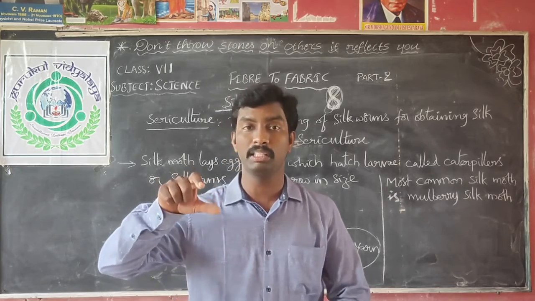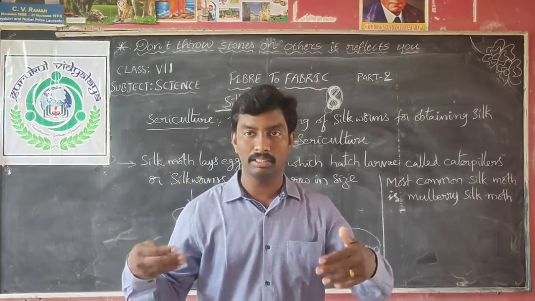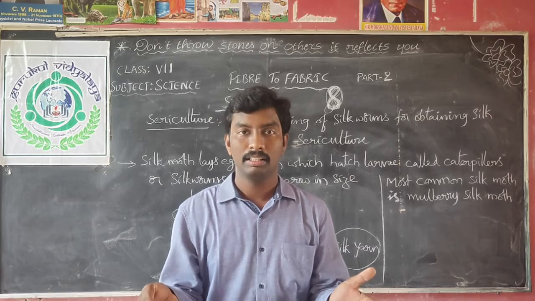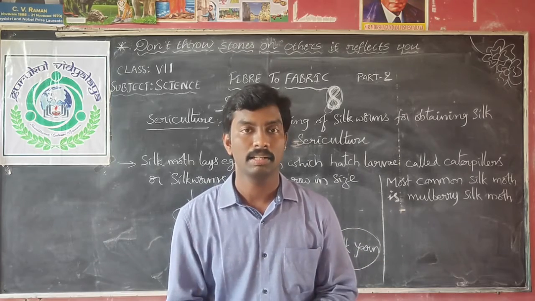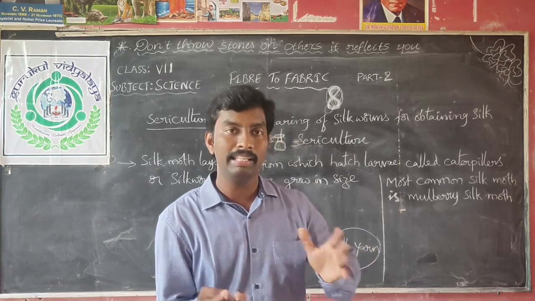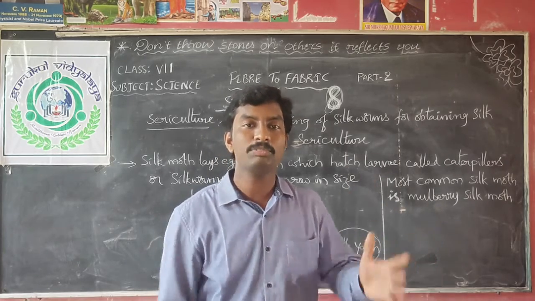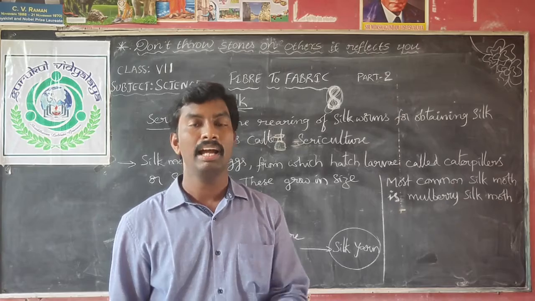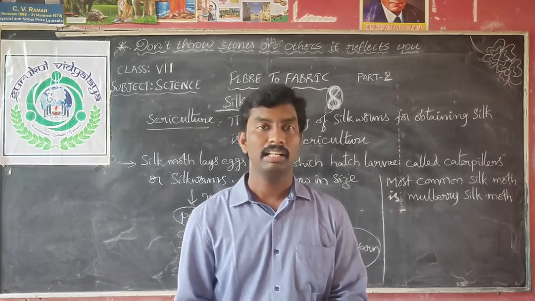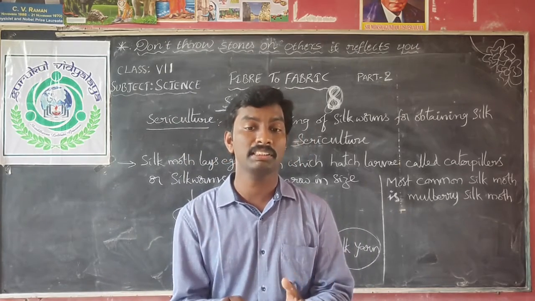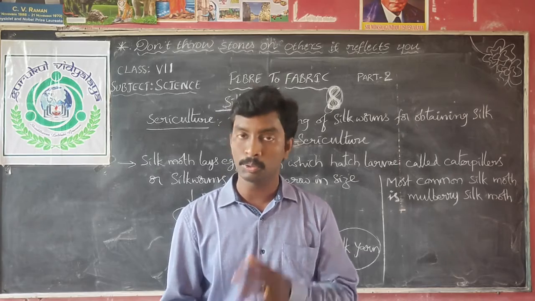So there are farmers who are doing this work, that means who are engaged in sericulture. The laid eggs are kept on the cloth and given to the silk farmers. These farmers keep these eggs under hygienic conditions and under suitable conditions of temperature and humidity.